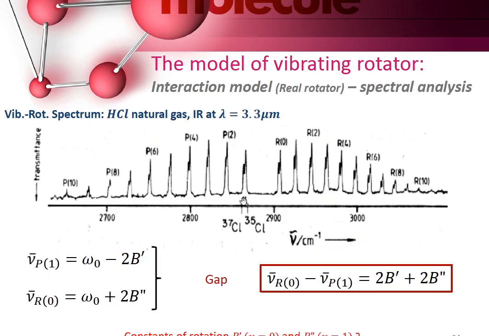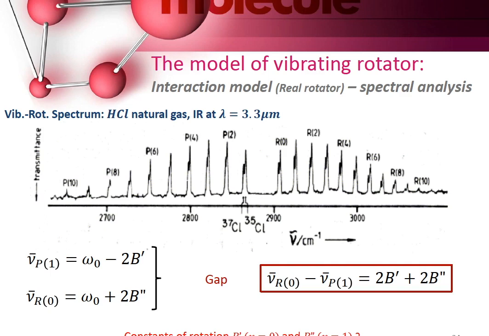So this gap would be the difference between this first poor bend line and this first rich bend line. And if you do the difference between them, you will get 2b prime plus 2b second. Remember, for the case of the first approximation that we started with, where there was no interaction and b was constant, this difference was equal to 4b.